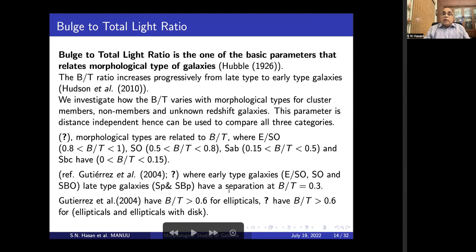Early type galaxies, ellipticals, lenticulars with bars, and late type galaxies, spirals, barred spirals, have a separation at B by T 0.3. Gutierrez et al. in their paper 2004 have B by T greater than 0.6 for ellipticals and B by T less than 0.6 for ellipticals with disk.